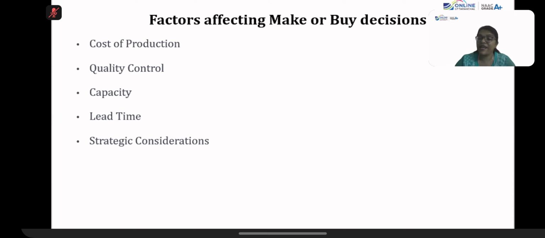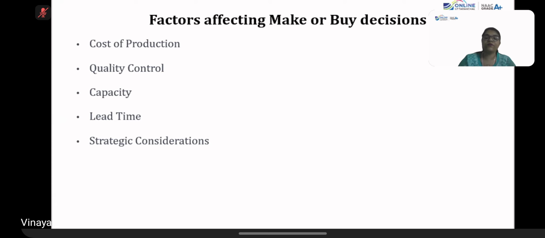But when you are buying from outside, you can have risk with regard to quality standards, reliance on suppliers, and quality assurance, because you don't know what type and quality of product the other party will give you. If you produce in-house, you have quality assurance, but if you purchase from outsiders, whatever he or she says you will trust. Once the customer uses it, only then do you come to know.